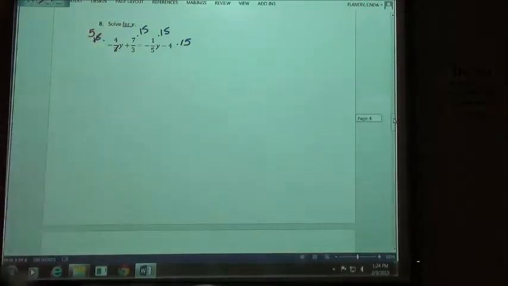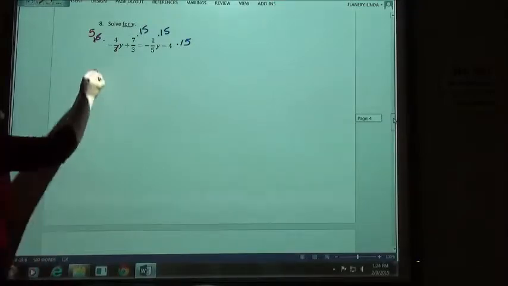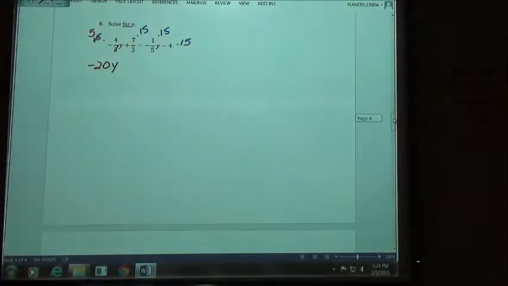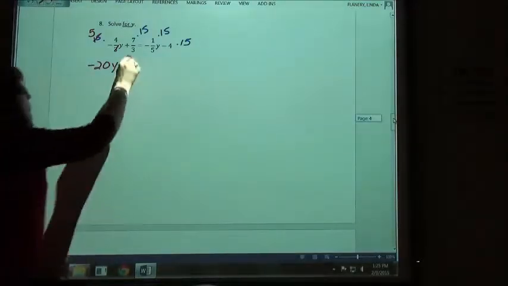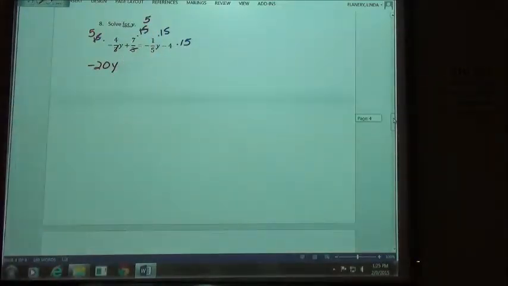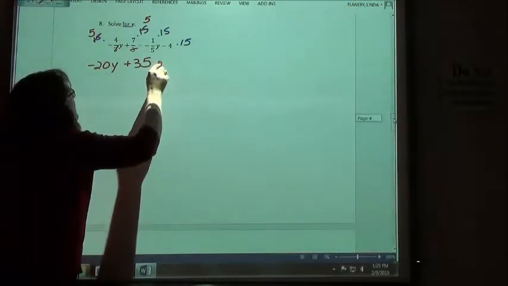5 times 5 times my minus 4 gives me negative 20, and the y is behind that term, so negative 20y. 3 goes into 15 5 times again. 5 times the 7 on top of that fraction, plus 35.